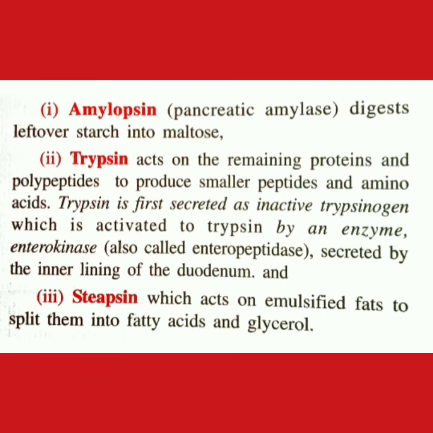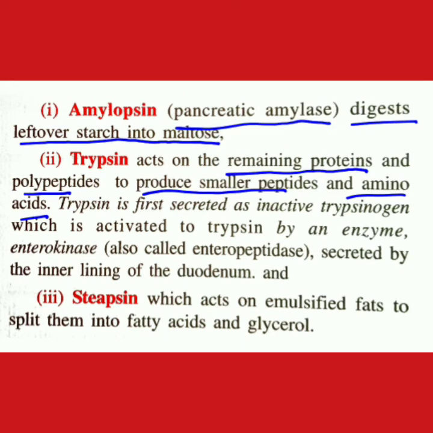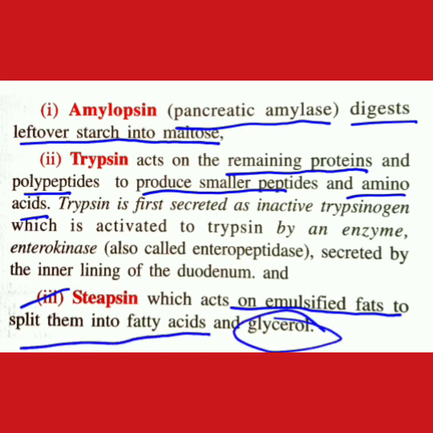So amylopsin, also called pancreatic amylase, digests leftover starch into maltose. Trypsin acts on the remaining proteins and polypeptides to produce small peptides and amino acids. And steapsin acts on emulsified fats to split them into fatty acids and glycerol.